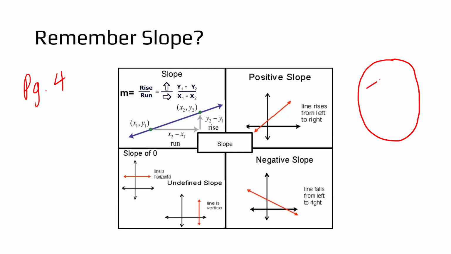Your eyebrows can be positive or they can be negative, right? You have your nose. Your nose is your undefined slope. And then you have your mouth, and your mouth is your slope of 0. Anyone ever seen slope man before?